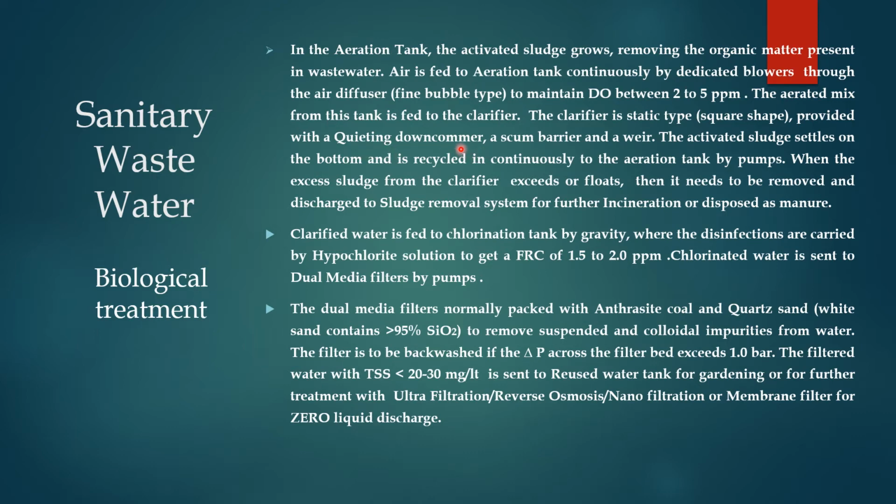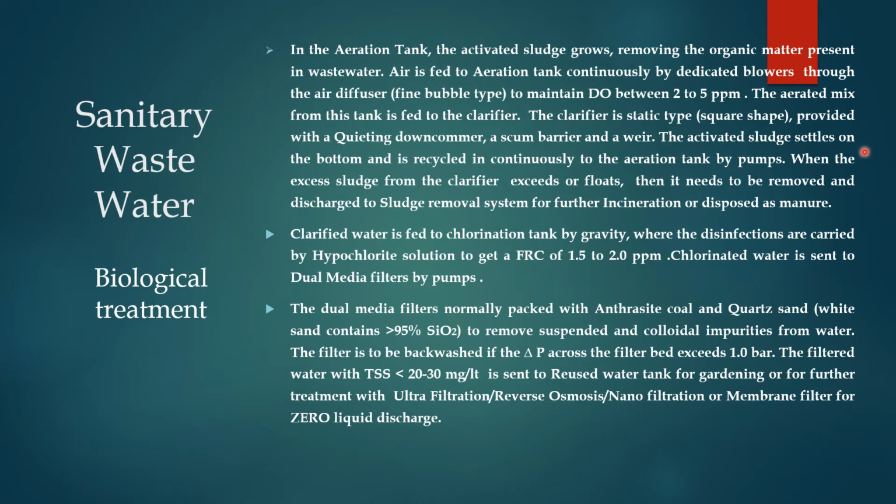The quietening downcomer is very static, with no disturbance, so that the activated sludge will grow and settle at the bottom. It also has a scum barrier, a baffle plate, which will not allow the sludge material to carry over to the next compartment. It also has a weir arrangement.